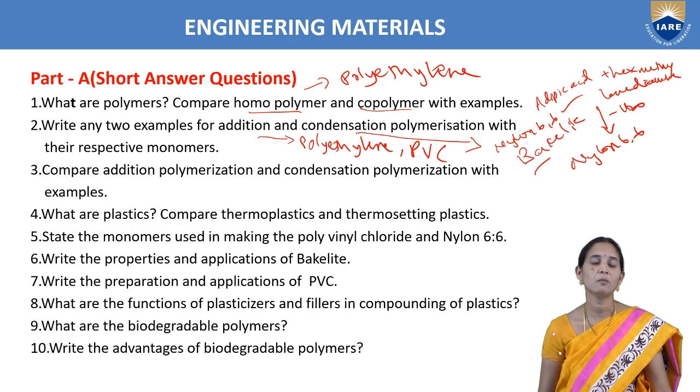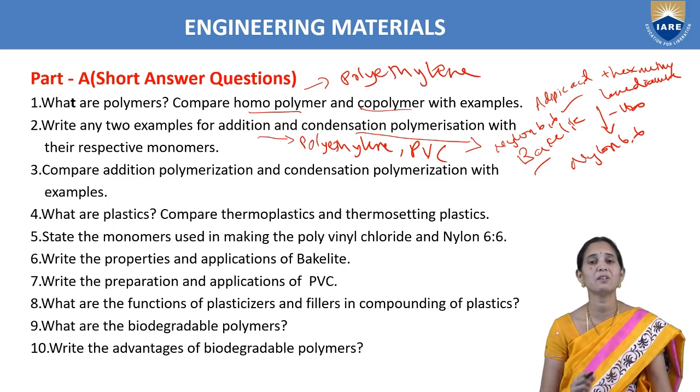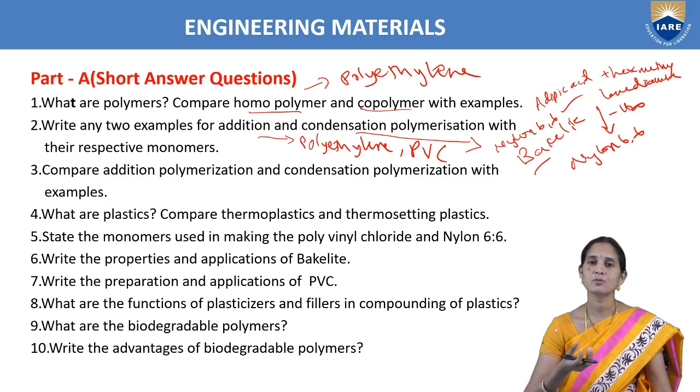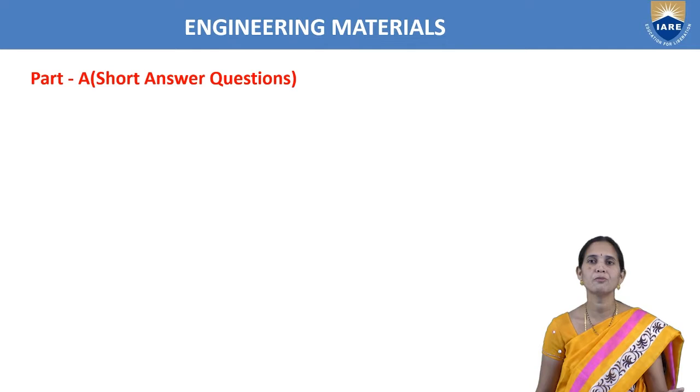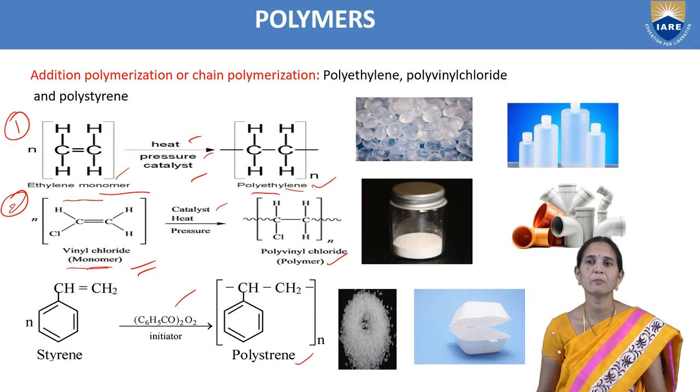We take the polymer resin, for example PVC, polyvinyl chloride, and add plasticizer to increase the plasticity and flexibility. So it becomes a soft material. We can go for manufacturing or fabrication into any equipment.